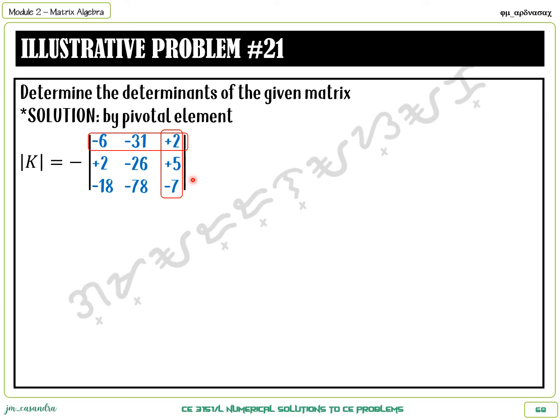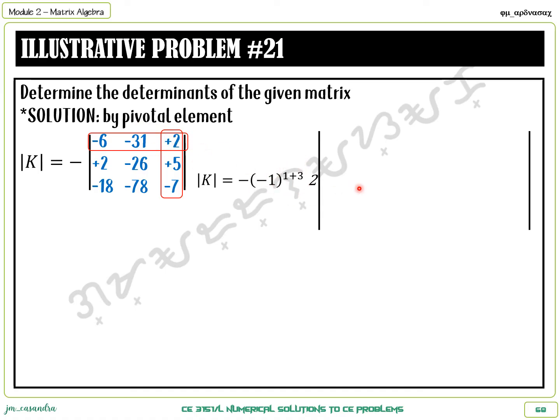So what I will do here is to factor out 2 in the matrix. So I will now have negative, so we have negative, this value. So multiply it to negative 1 raised to the position of the pivotal element that we will choose. So this is 1 plus 3.